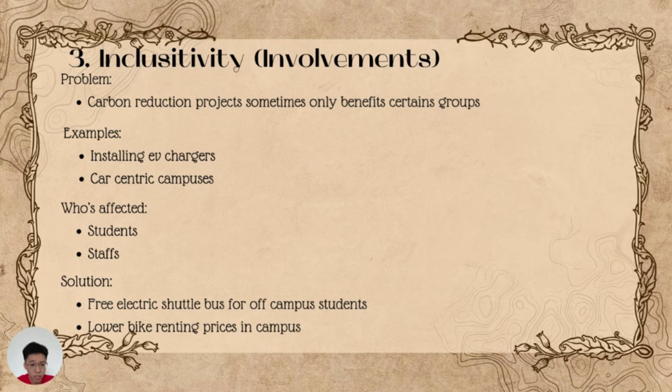This will affect the students and staff. So the solution is by giving a free electric shuttle bus for off-campus students or lower bike renting prices on campus to benefit the majority of the students or staff. And that's for my part. Let me give it to my next friend.